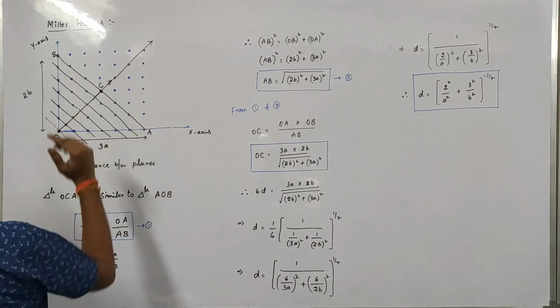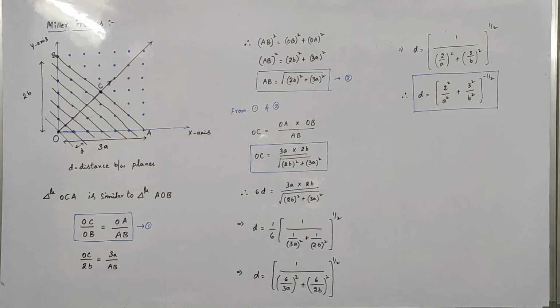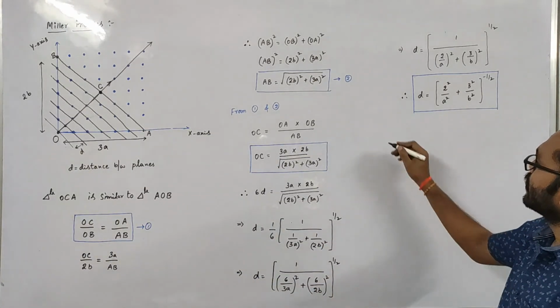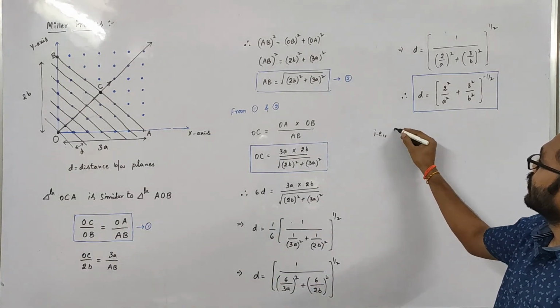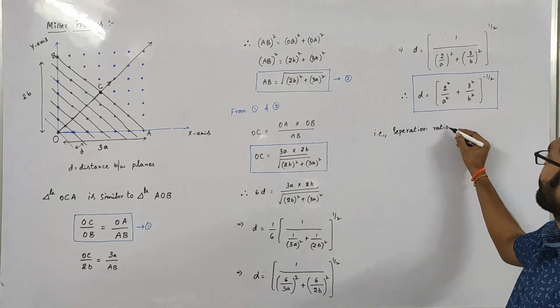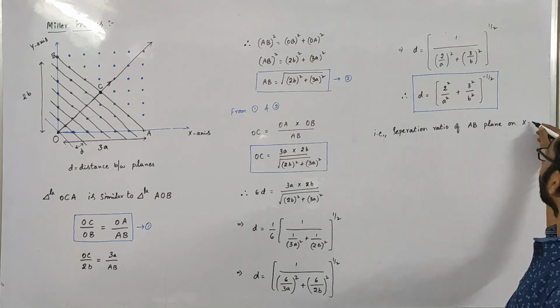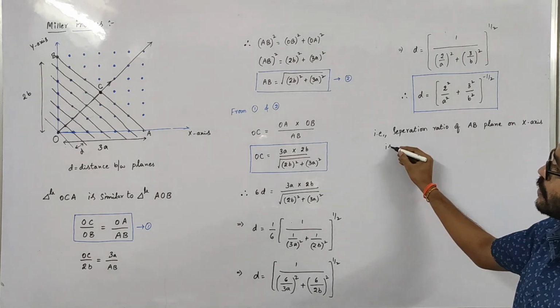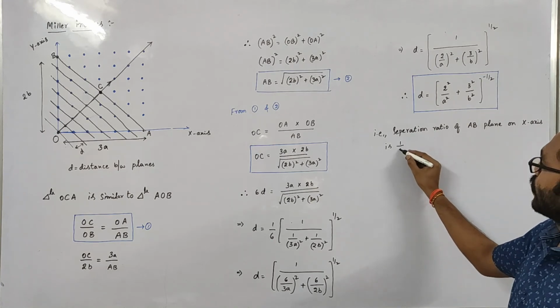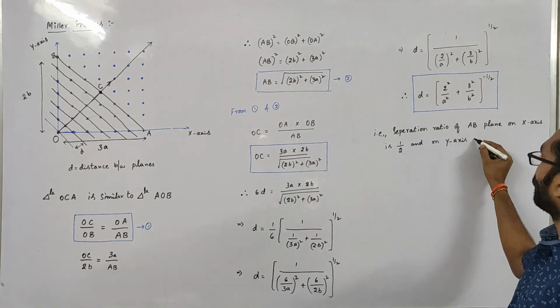The separation ratio of the AB plane on the x-axis is 1 by 2 and on the y-axis is 1 by 3.